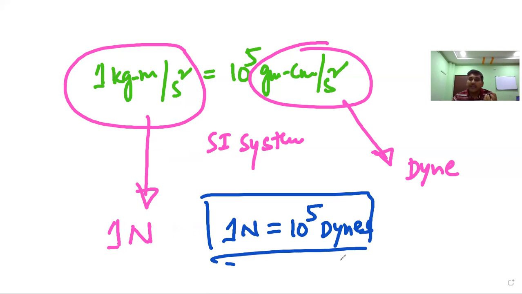So dyne is a lesser quantity and Newton is a larger quantity. Is it clear? Right. This is how we can make the conversion from MKS to CGS and vice versa also, and from MKS to the SI system of units.